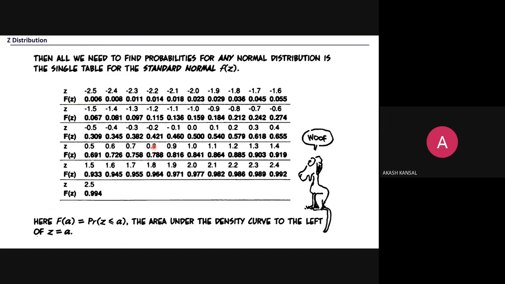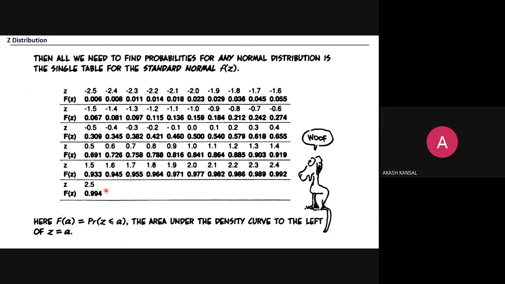In this table, you see 0.5 probability observed for 0. F(z) means the total area under the curve up to z, and the probability of getting a z less than or equal to some constant value a would be F(a).